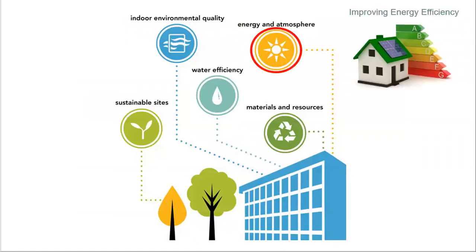The energy and atmosphere section in the LEED certification system basically verifies that the building's energy-related systems are installed, calibrated, verified, and performing according to the owner's project requirements. That's based on the design and the construction documents, through building commissioning.